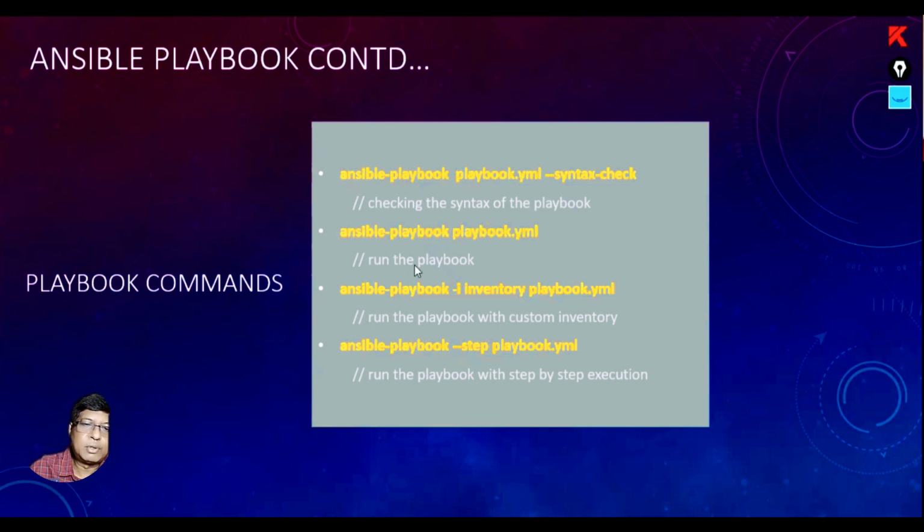Then you will execute, run the playbook. Simple: ansible-playbook playbook.yaml. Say you want to run a playbook not with the default host file as an inventory file, but with a particular customized inventory. So you use -i, the identification of the inventory, which is the file name inventory. Somewhere it is there, and that will be defined under ansible.cfg.